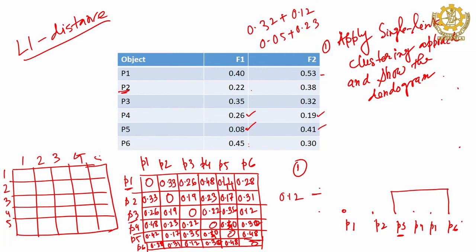So P3 and P6, you can write it 3 and 6. Now P3 is here and P6 is here. Which one is minimum here? 0.26, and what is this value? 0.28. So minimum is 0.26. So you write here 0.26.